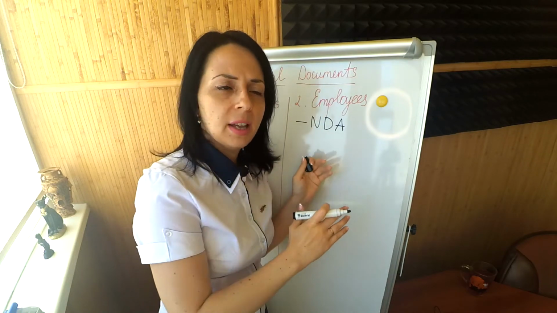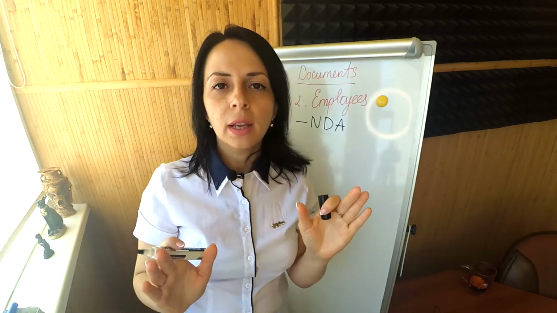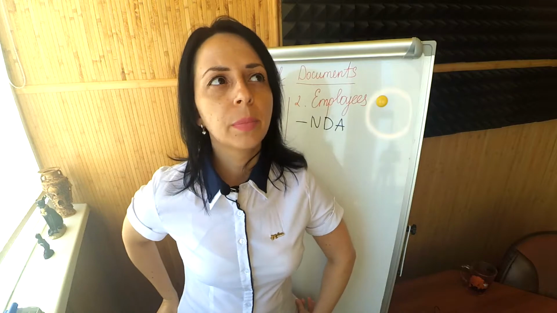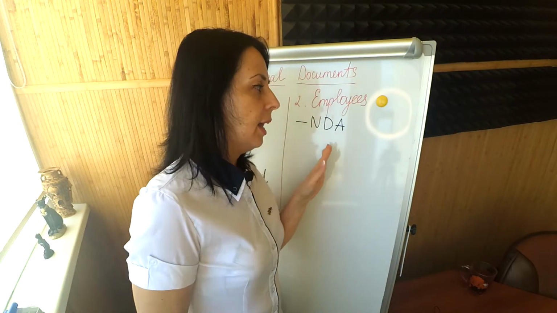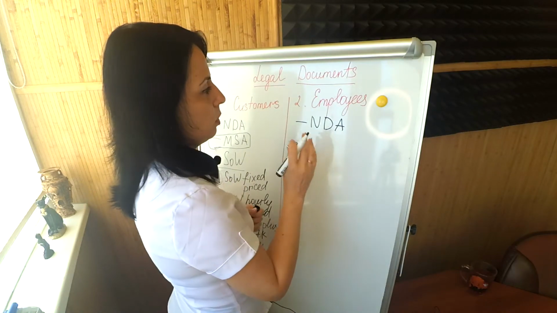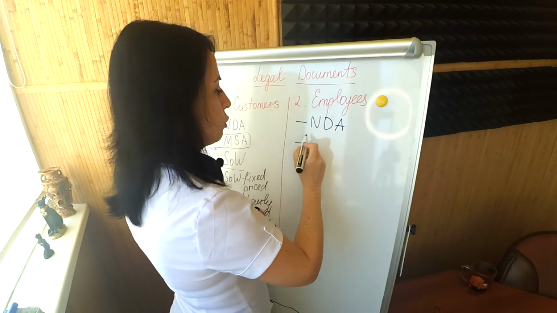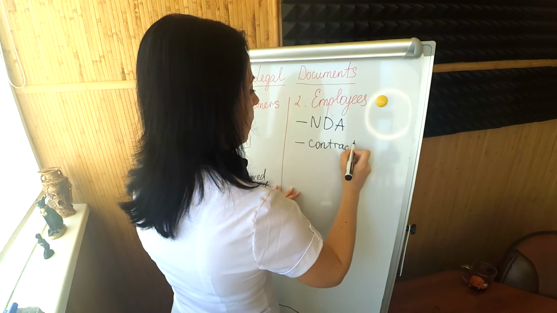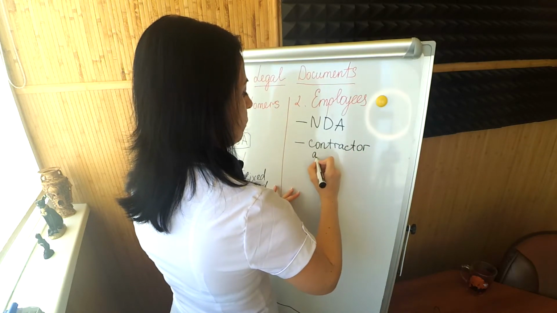Play it safe and have it signed with every one of your contractors, even if you don't have full-time employees that you hire, but you only use the services of contractors. Again, have it signed. The next document that you have to sign with your employees is the contractor agreement. Now, a contractor agreement might come in different forms.